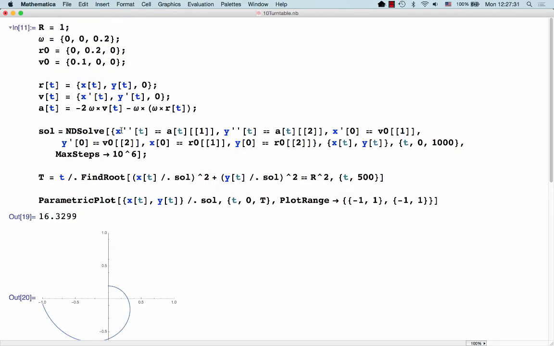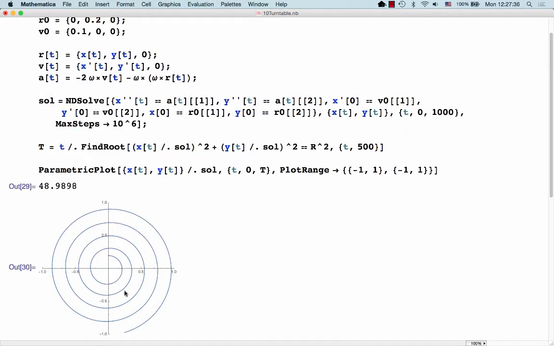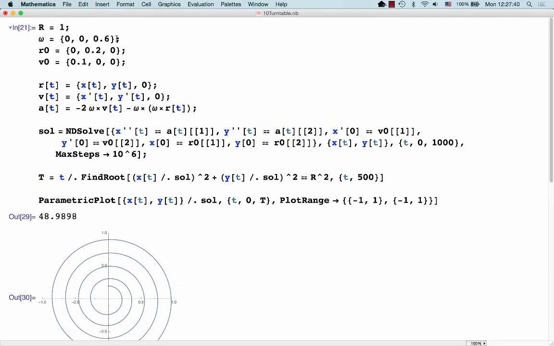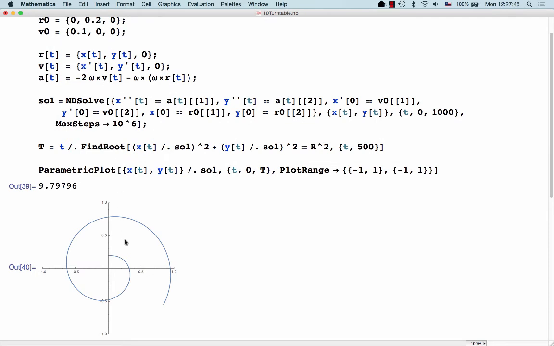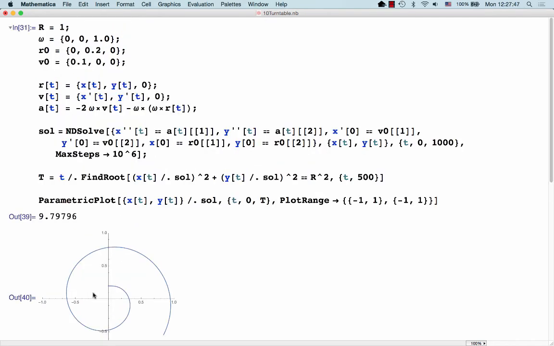So let's go ahead and make it, say, 0.6. Now we're getting some kind of funky spiral. We could push it further if we want. But now here the spiral has bigger spacing.